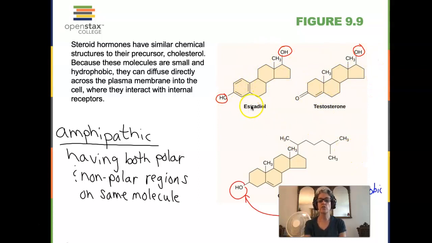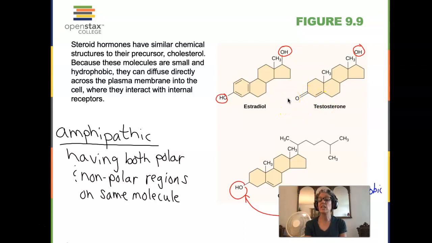So there is estradiol, that is a steroid hormone. That's testosterone. They have the same number of rings, but their functional groups are different. Here we do have the hydroxyls and the methyls attached to 5 and 6 carbon rings, but estradiol has another hydroxyl, whereas testosterone has a carbonyl carbon.